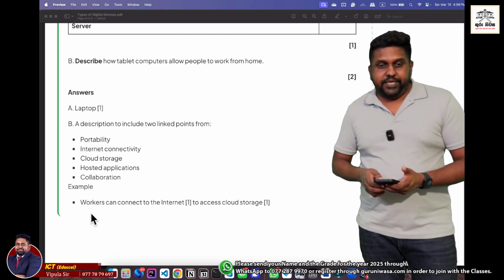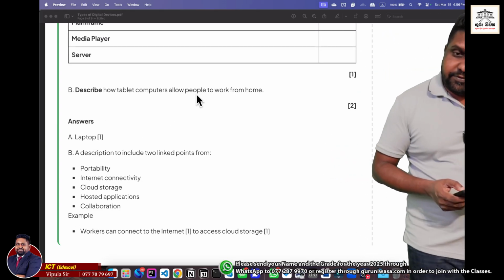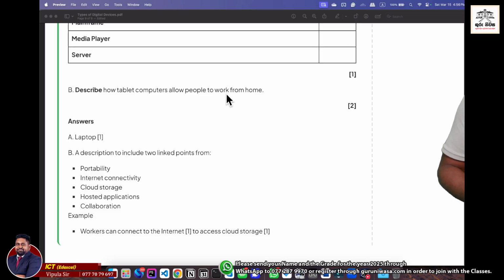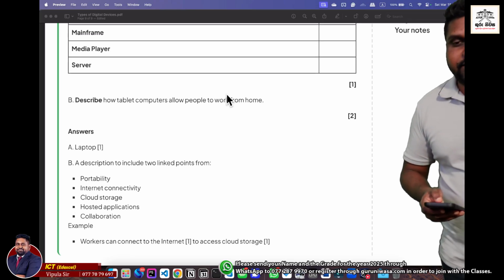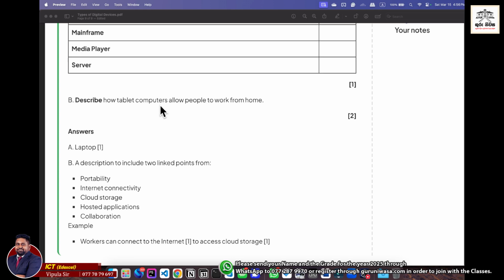Okay, nice. Then if you take B, describe how tablet computers allow people to work from home. It's a bit of a tricky question, but in this case, yes. You have to understand the question properly. When they make these questions, they actually make it a bit tricky for the student to understand the exact requirement.